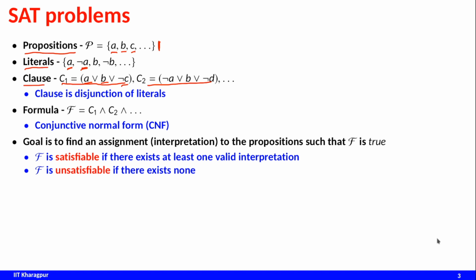The formula that we would like to satisfy is C1 logical AND C2 logical AND C3 and so on. This form is known as conjunctive normal form, or in short CNF. All the clauses are logically ANDed, and that forms the final formula.